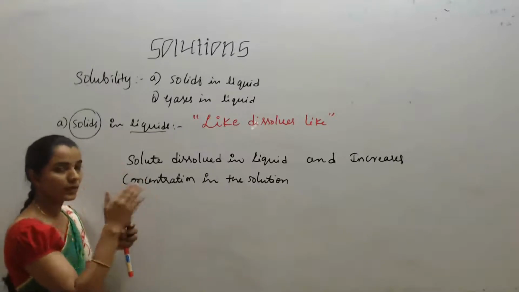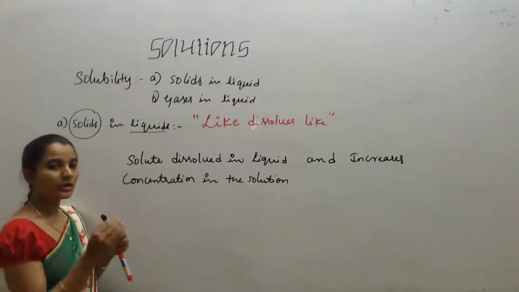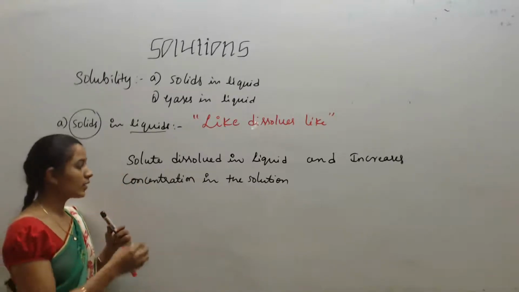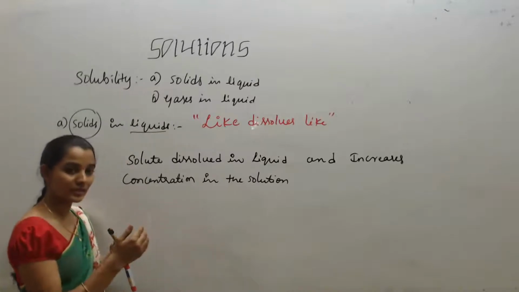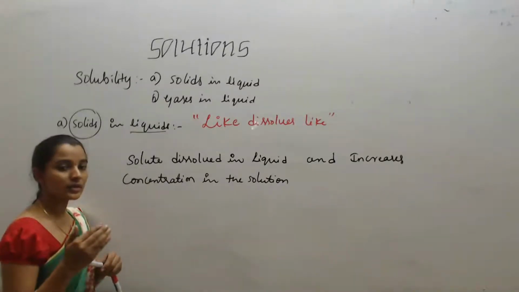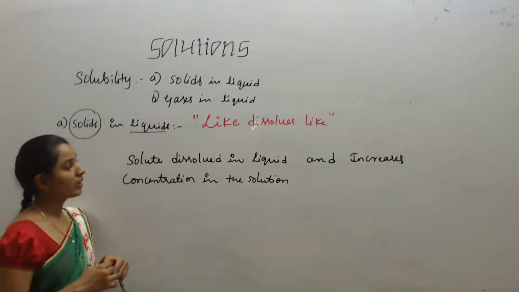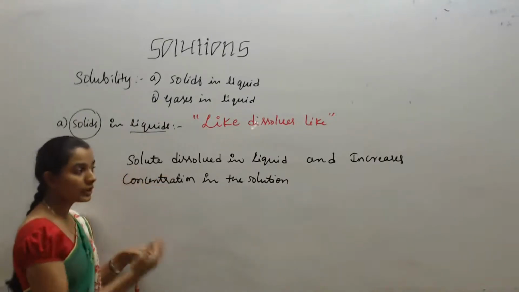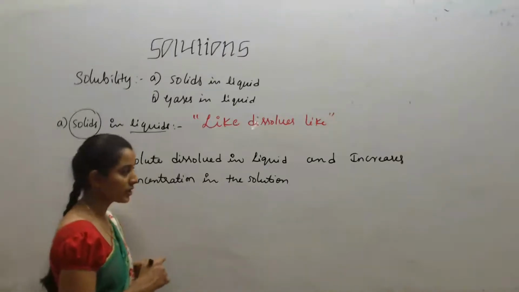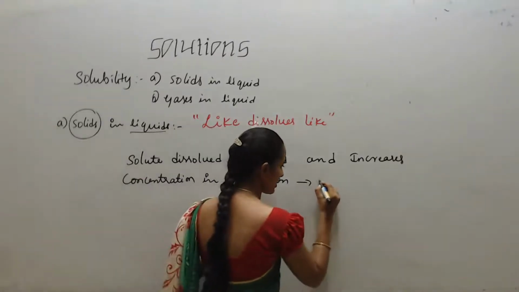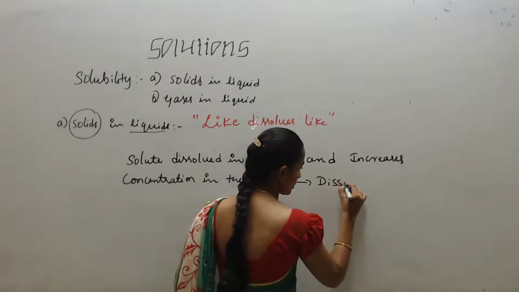If a solute, for example salt, is dissolved in water, then the concentration of the solution increases. It is called as what? Salt solution. The concentration of salt is there in the water. Okay, so this solute dissolved in liquid and increasing the concentration of the solution is called as what? Dissolution.